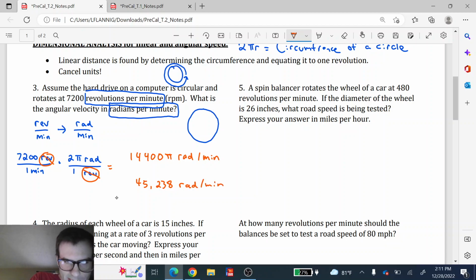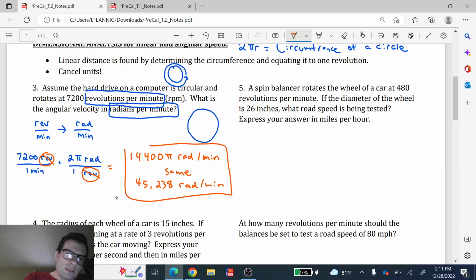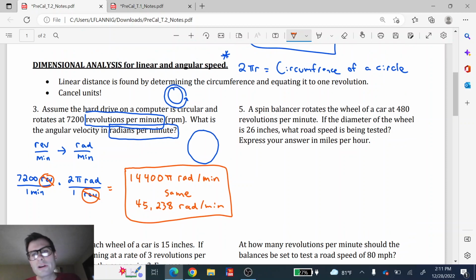This is the same thing. One is an exact answer, and the other one is a rounded answer. So again, your big goal is to figure out what you're trying to get to and cross out the units when you can. Remember, the two big things: 2πr is the circumference of a circle, and 2π radians is equal to 1 revolution.